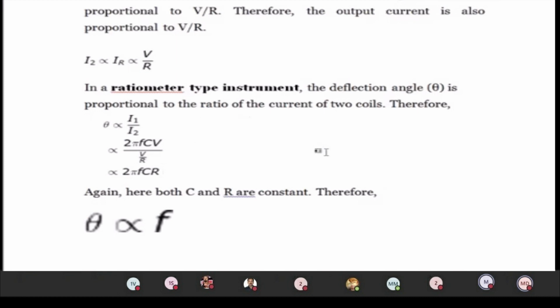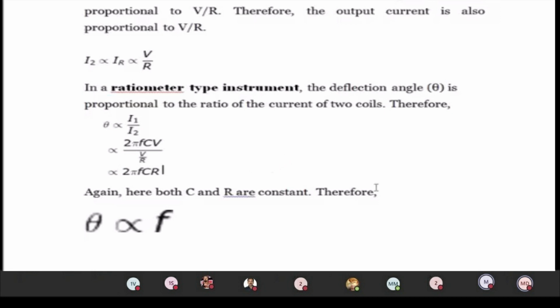We have already framed the equations for I1 and I2, so we substitute. I1 is equal to 2 pi FCV and I2 is equal to V by R. If you substitute, finally we get that the deflection angle theta is directly proportional to 2 pi FCR.